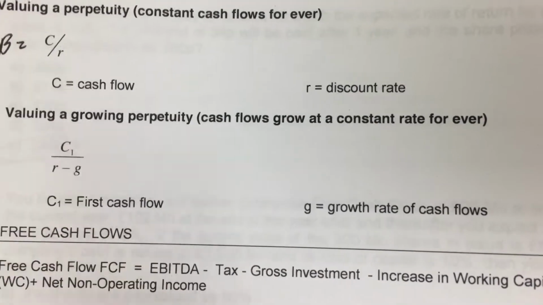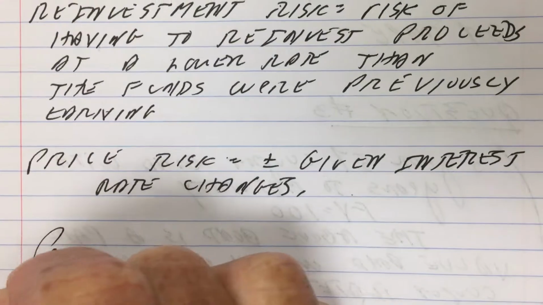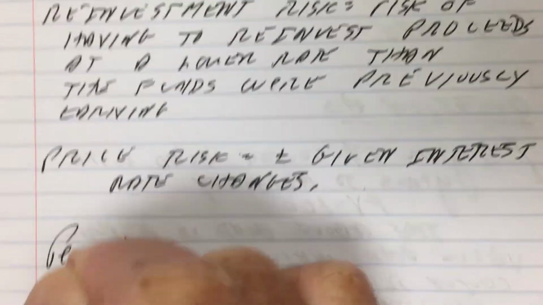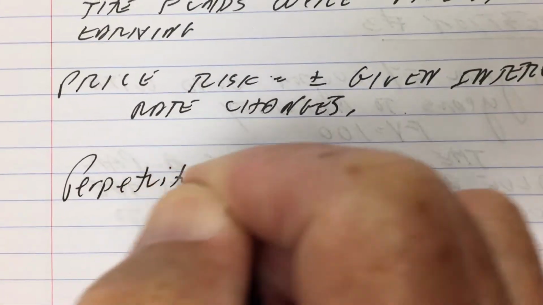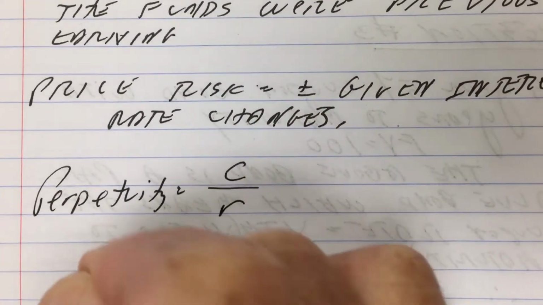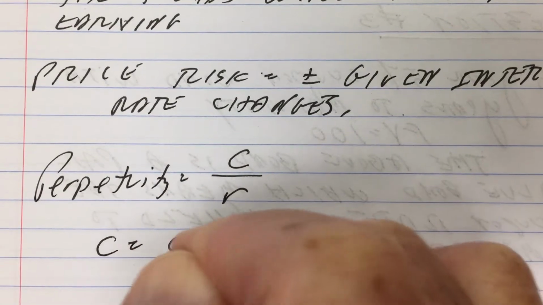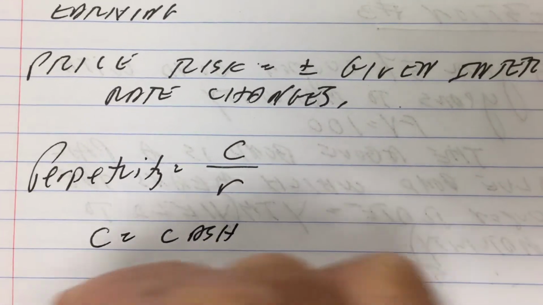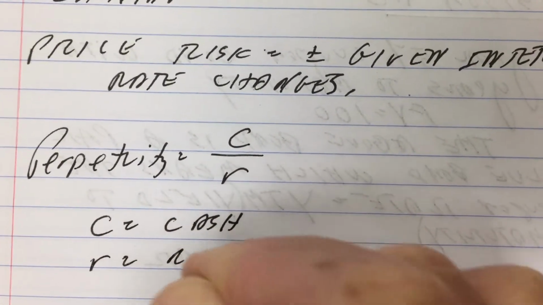So this third one, the perpetuity, equals C divided by R, where C equals the cash and R equals the rate.